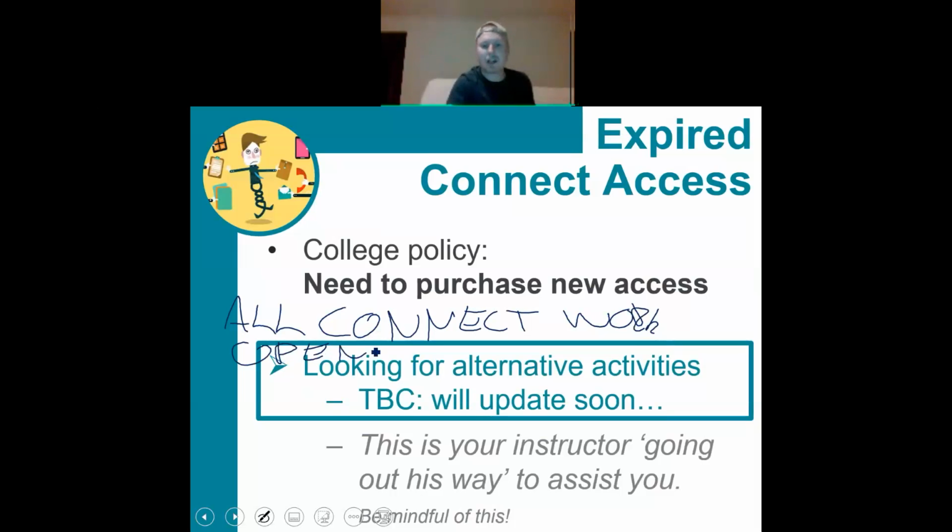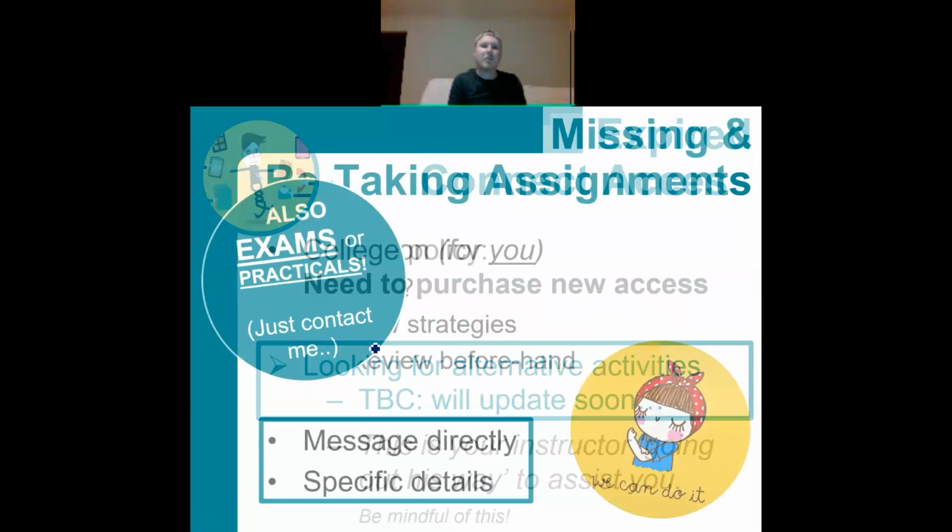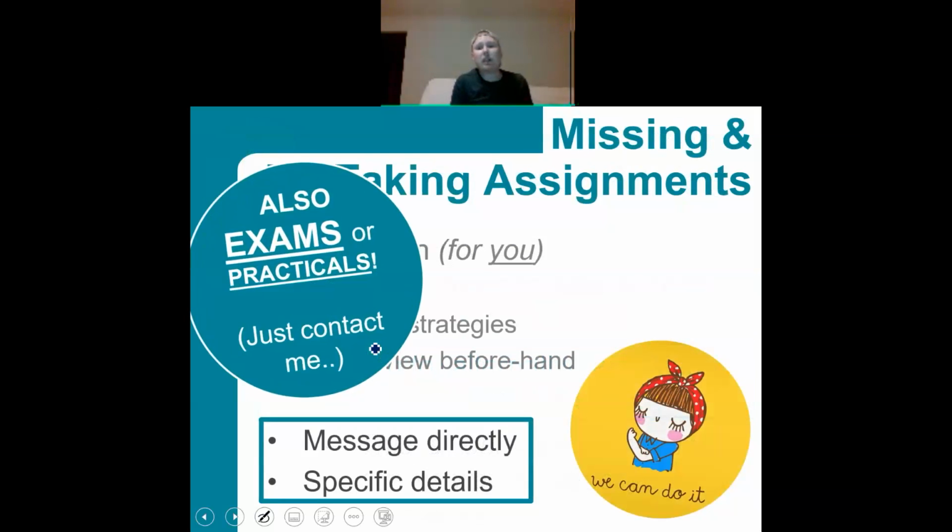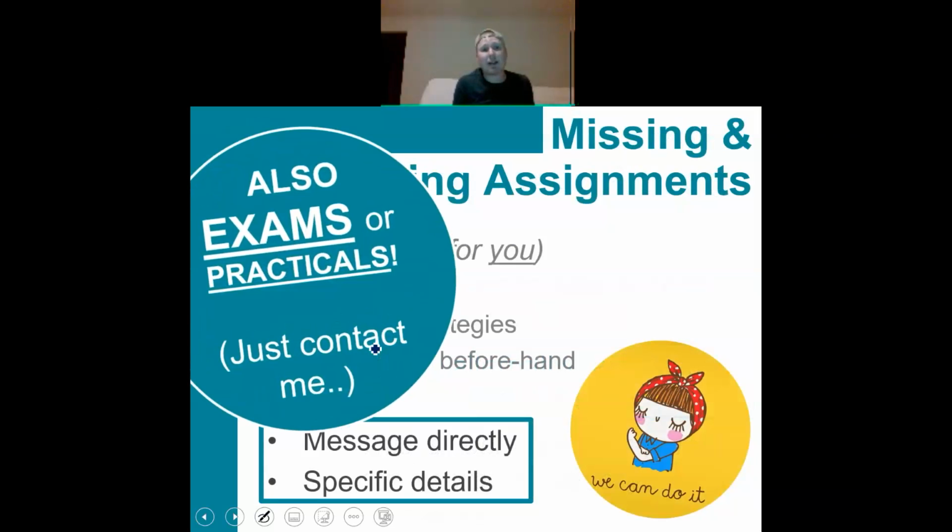And then I wanted to say a couple of words about the missing assignments, but also that this applies to the exams and practicals. If you have missed one, or if you did totally bomb in one, you just have to let me know, and we can figure out if I reopen that for you, if I reset it for you.